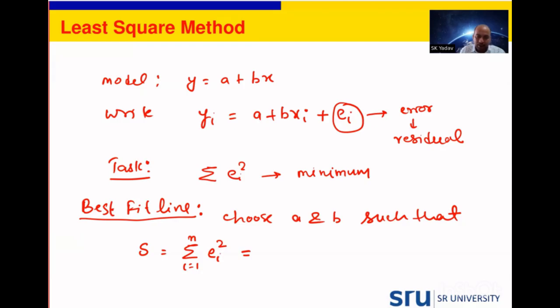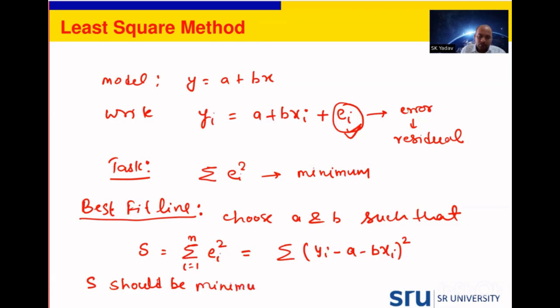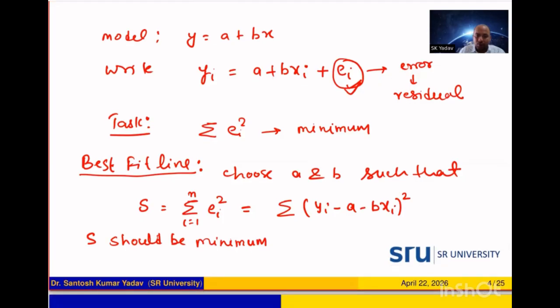This I can write as summation of yi minus a minus bxi whole square. This S should be minimized. This method is called the method of least squares.